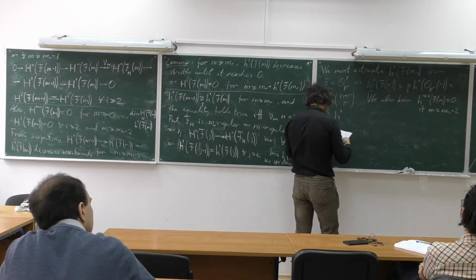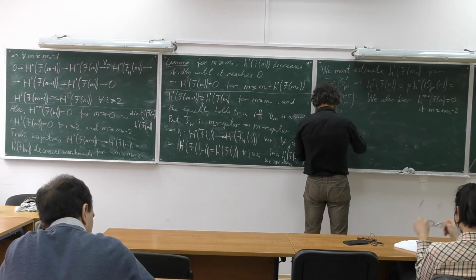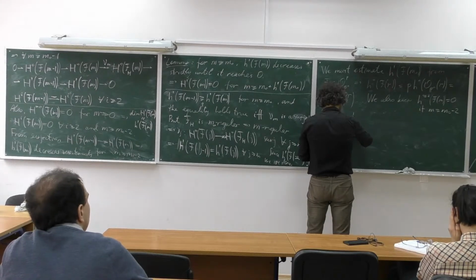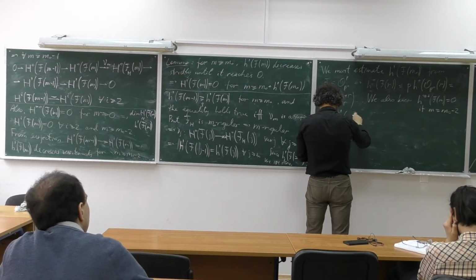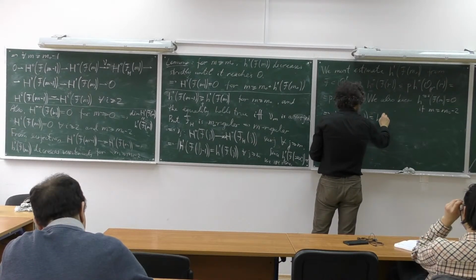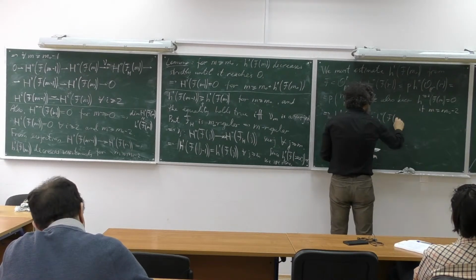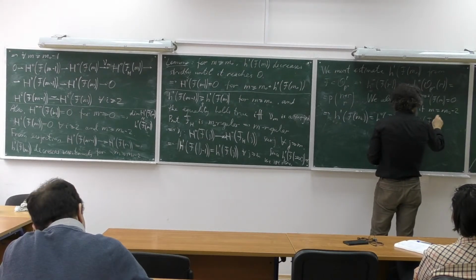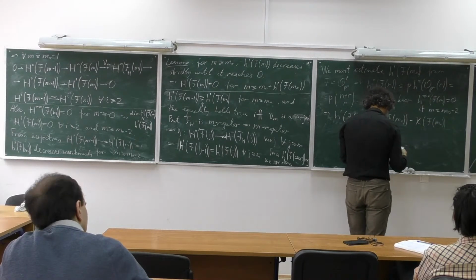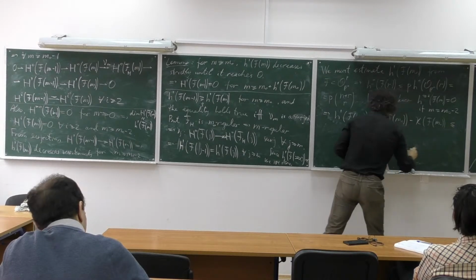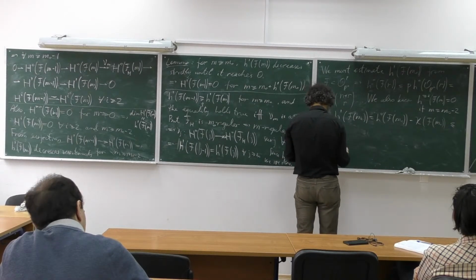H1 is just the difference of H0 minus the Euler characteristic. This can be computed.